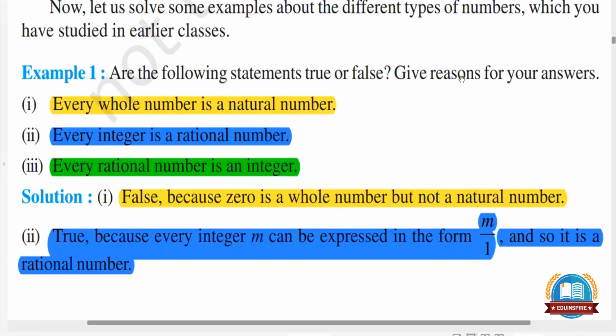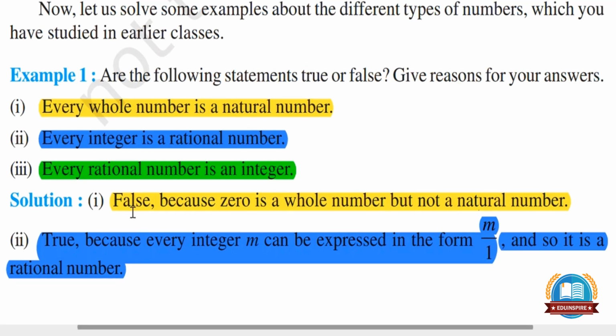Let's go through example 1. It is a true or false type question. Are the following statements true or false? Give reason for your answer. The first statement is every whole number is a natural number. The answer to this statement is false, because 0 is a whole number, not a natural number.